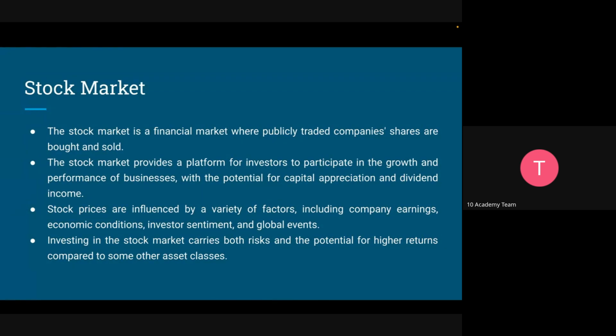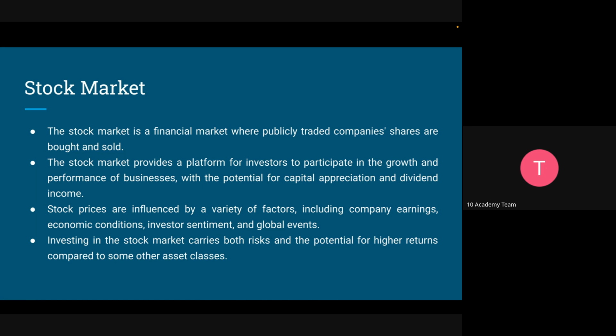When it comes to the stock market, this is just general information that I'm sharing here. The stock market is a financial market where publicly traded companies' shares are bought and sold. So every company, especially the ones that we know, is selling their shares and buying shares.